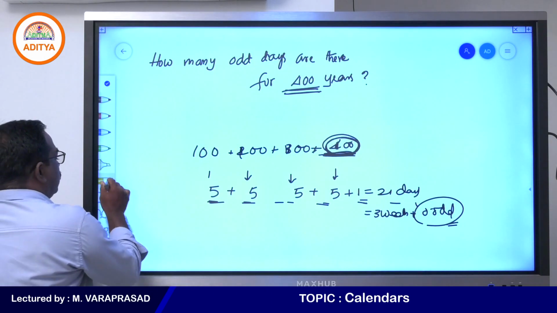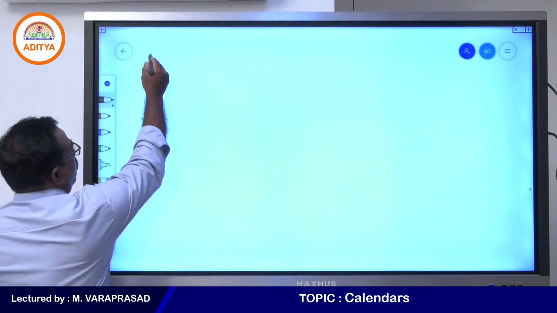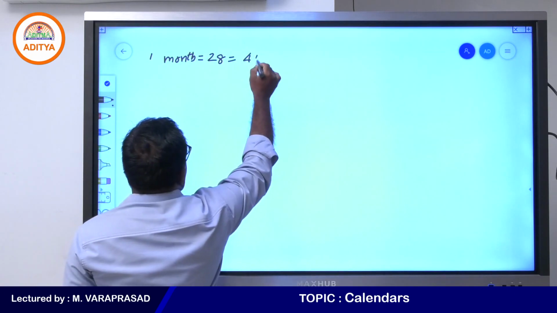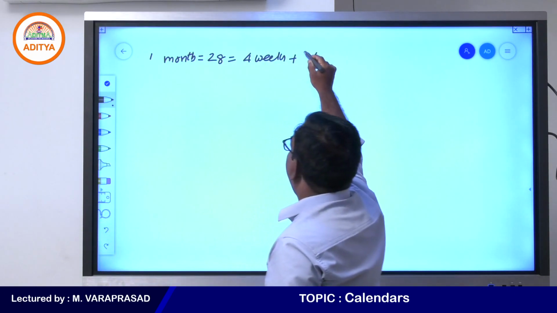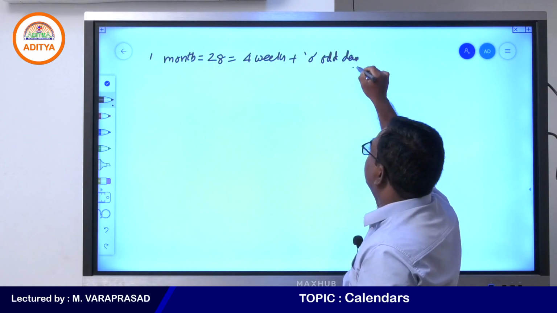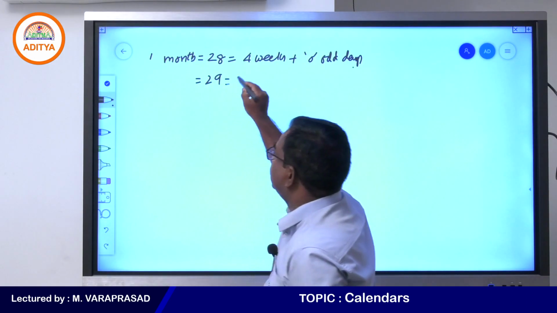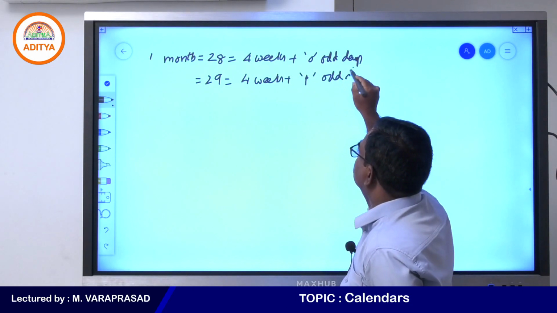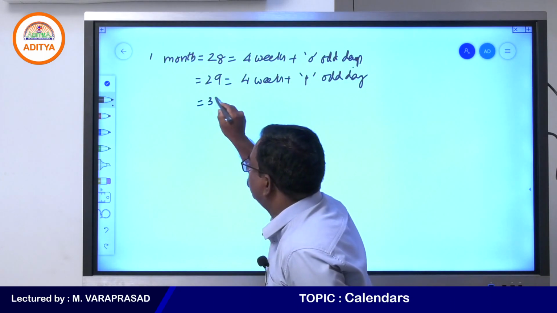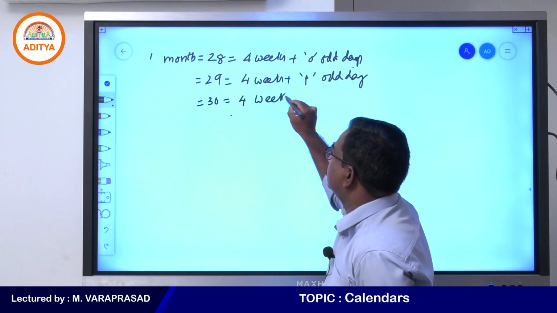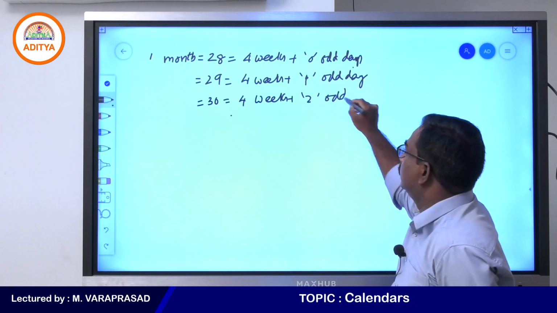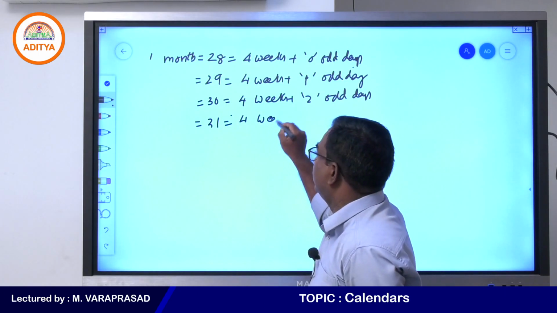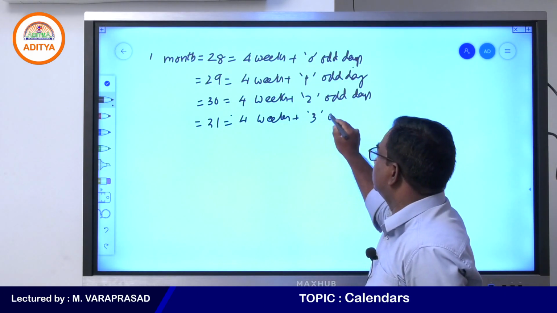Now see, once again a small revision. A month of 28 days is 4 weeks exactly plus 0 odd days. A month of 29 days is 4 weeks exactly plus 1 odd day. 30 days is 4 weeks exactly plus 2 odd days, and 31 days is 4 weeks exactly plus 3 odd days.